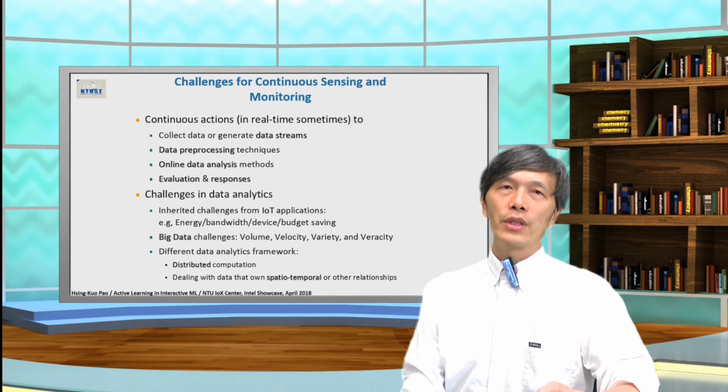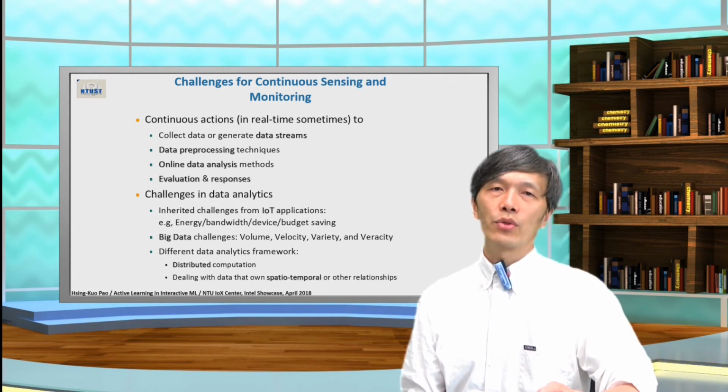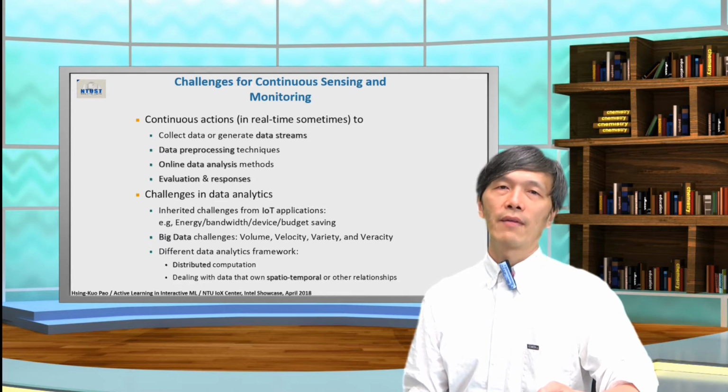The challenge in data analytics in this situation is that, of course, we are going to have some difficulty when dealing with IoT analytics. Other than that, sometimes we are going to have large-scale data, so we also need to pay attention to the big data issues.